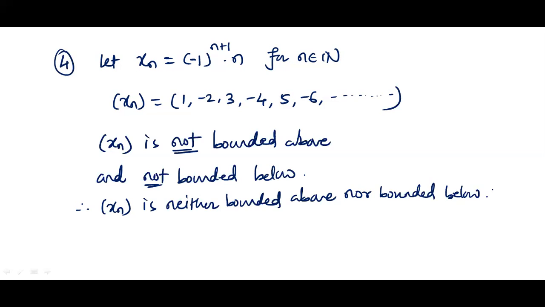See, this is not bounded above because we don't have a real number so that each term of the sequence is less or equal to that real number, and it is not bounded below because we don't have a real number so that each term of the sequence is greater or equal to that real number. Therefore, this is neither bounded above nor bounded below sequence of real numbers.